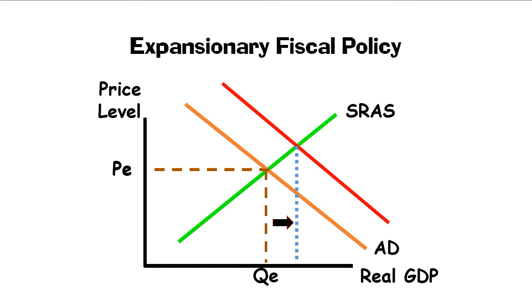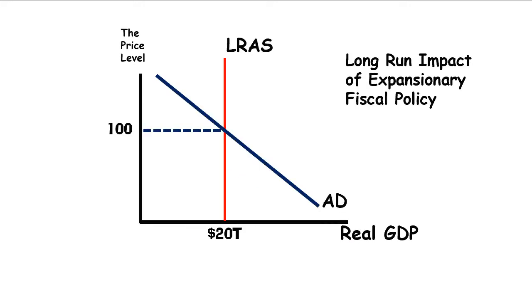Remember that aggregate demand and supply says there's a short-run view of the world, and then there's a long-run view of the world. So what happens? What's the long-run impact of expansionary fiscal policy? So the government spends all this money, and in the short run, they create jobs. But over time, that impact of creating jobs goes away, and we end up with inflation because the government spent all that money.